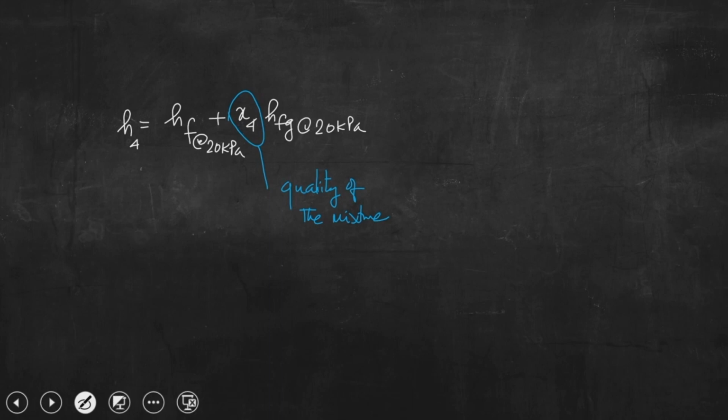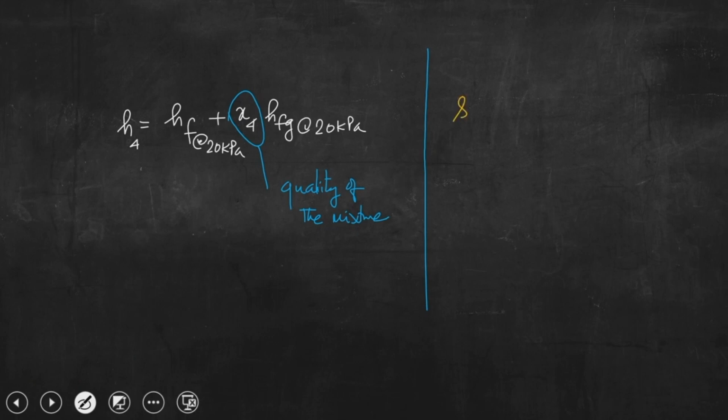So, what we can do? We need to first calculate H4, because Hf corresponding to 20 kilopascal you can get from the steam table, Hfg corresponding to 20 kilopascal you will get from the steam table, but to calculate H4, what is essential to know is x4. How can we calculate it? It is very important that we know entropy.